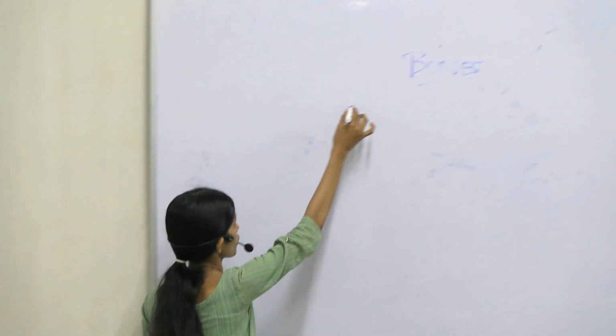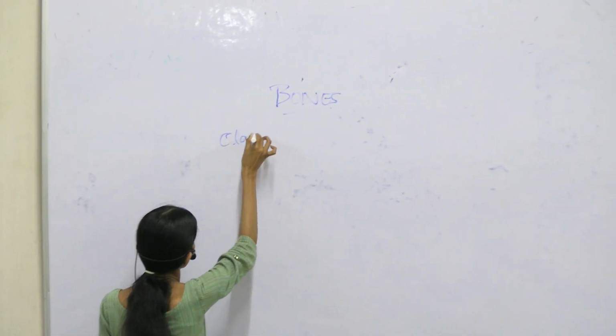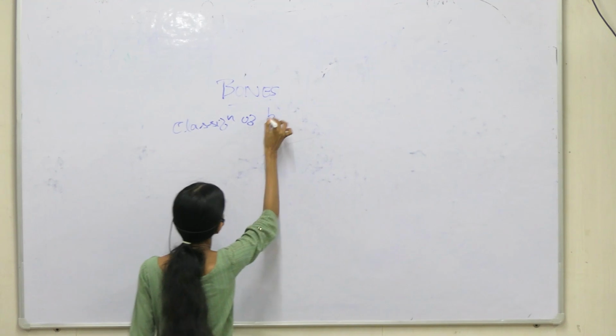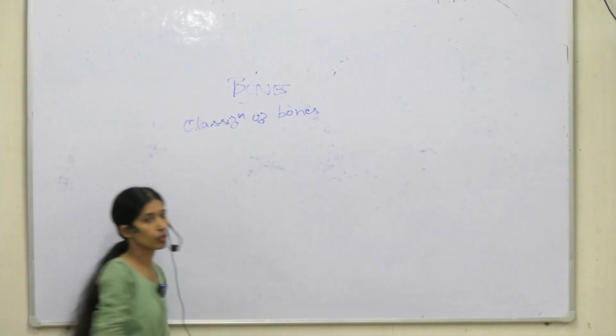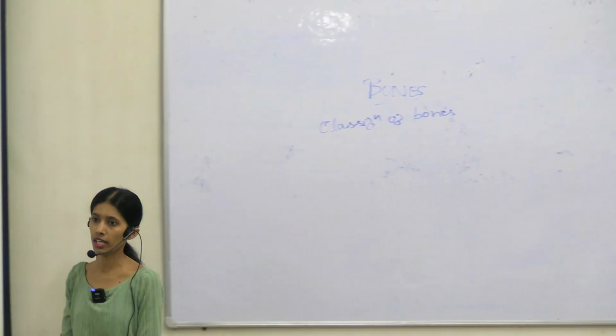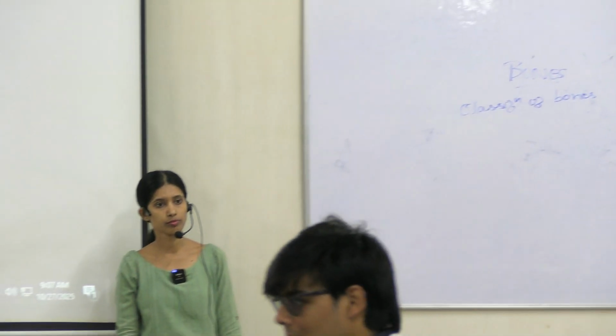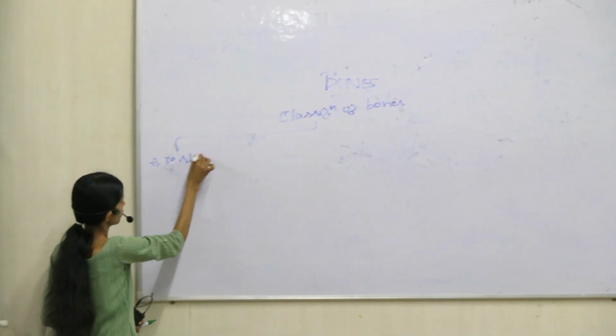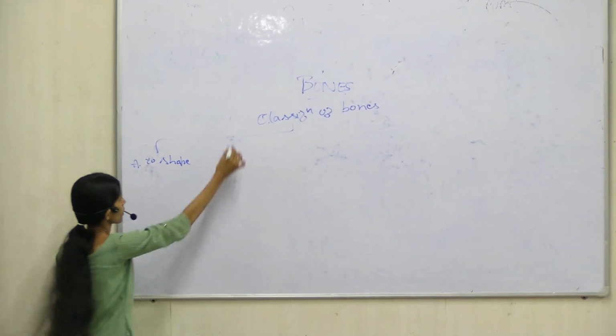In classification of bone, under how many main headings are you going to study? What are the main headings? According to shape, okay.